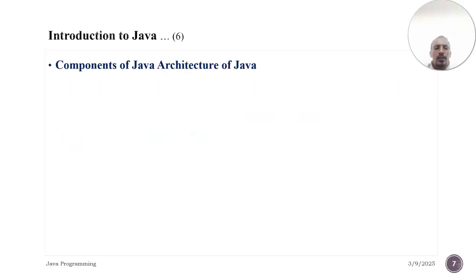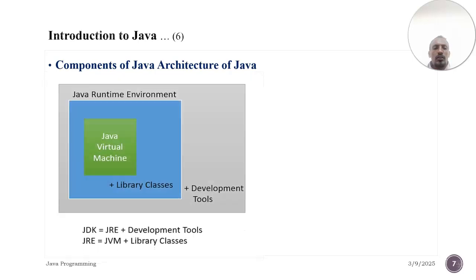The other part is the components of Java architecture. Java architecture mostly consists of the Java runtime environment and the Java virtual machine, which is included with library classes and development tools.